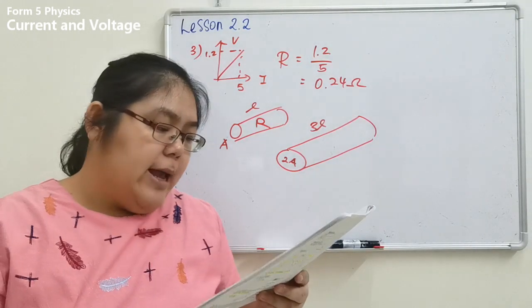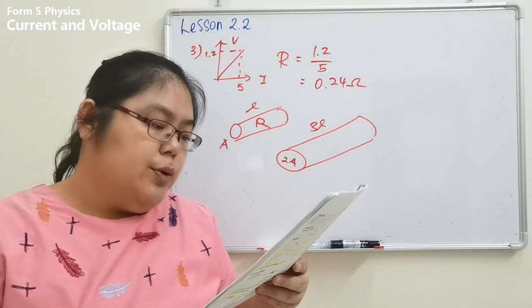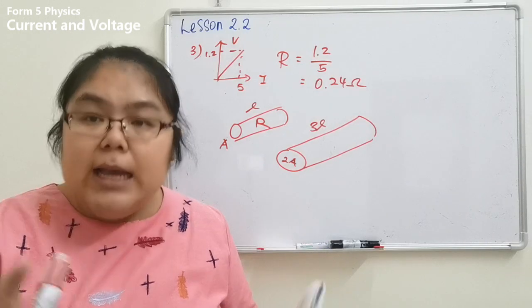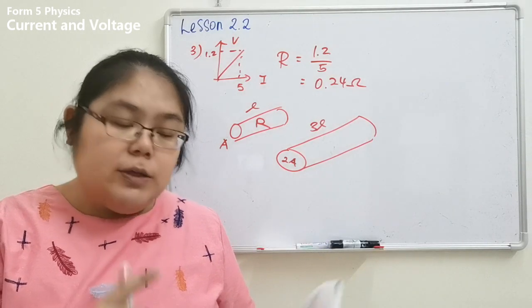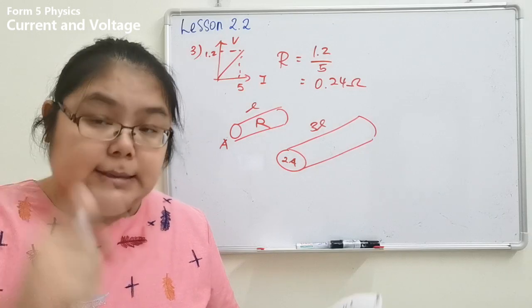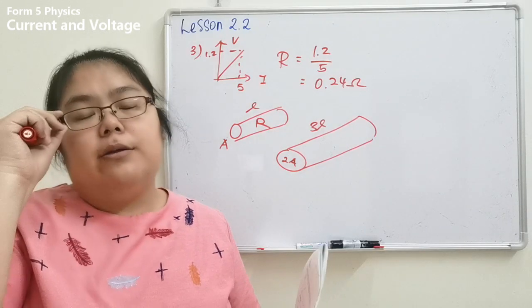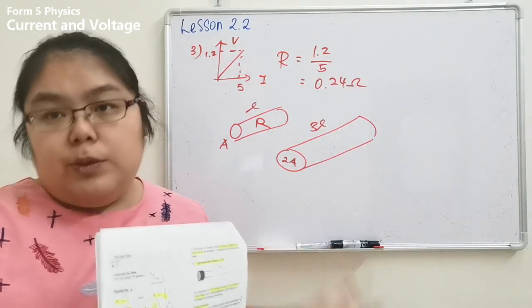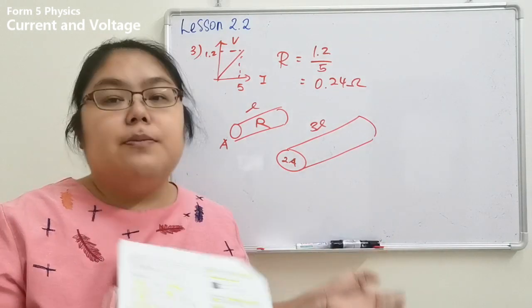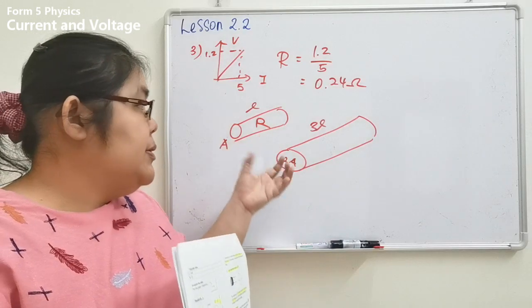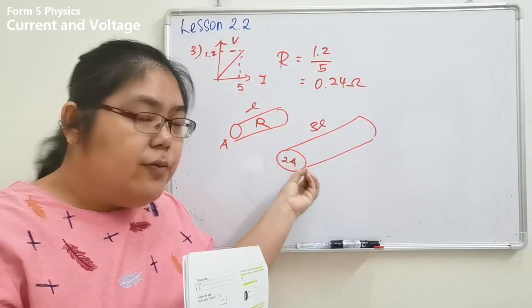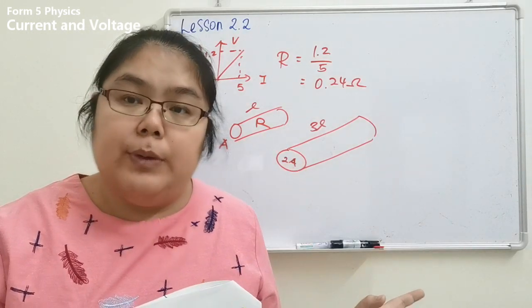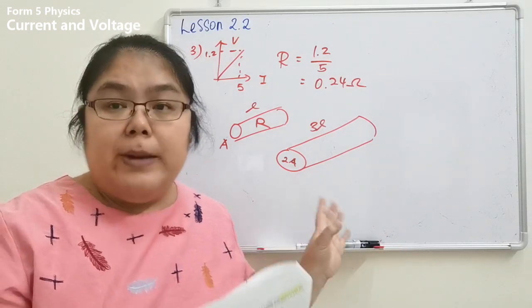Next, another wire, Q. It's a conductor of the same material, which is a keyword. So help me underline "same material". Same material means one thing you should think of: resistivity. When they say same material, it means the resistivity for the first wire and the second wire should be the same. So now I want to apply the formula just now.